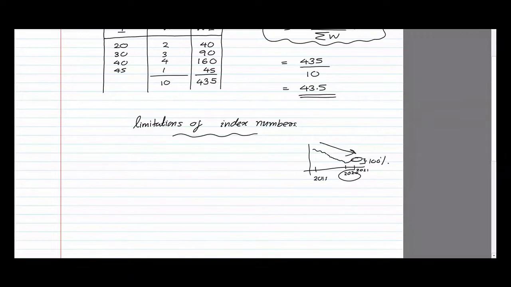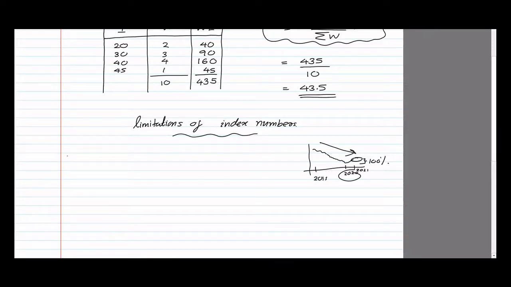Someone can interpret by taking a bad, distorted year like this and comparing other years to it. So it is not a good index then. We can interpret things differently, but it's not a good indicator of the actual situation.